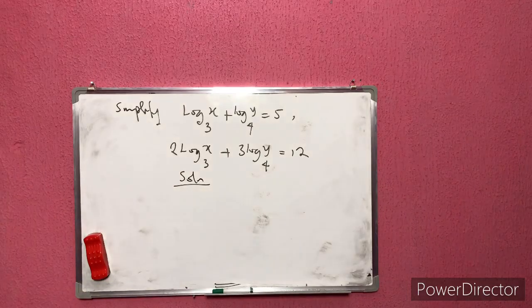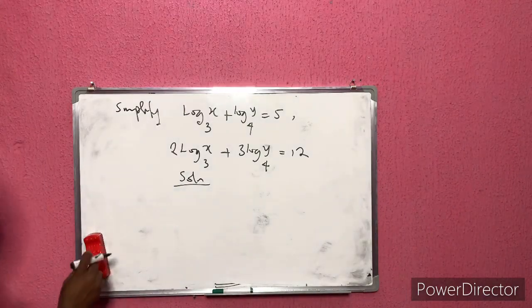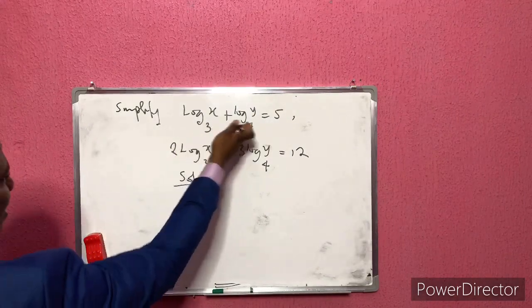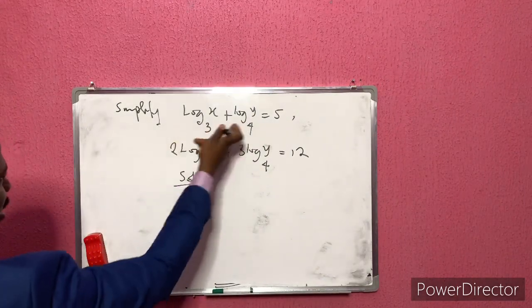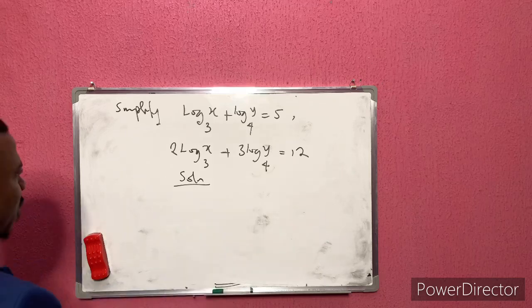Let's look at this. This looks like simultaneous equations. They don't have the same base. This is base 3, this is base 4. Base 3, base 4. What do we do?